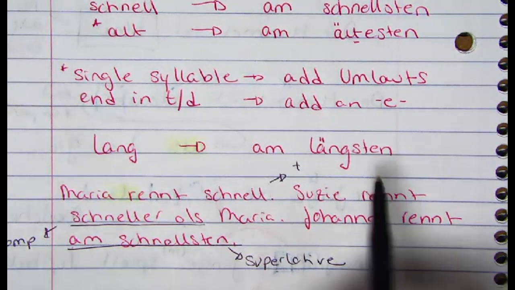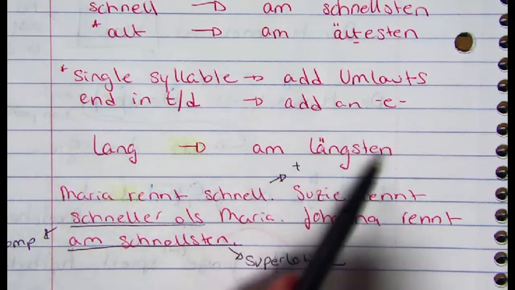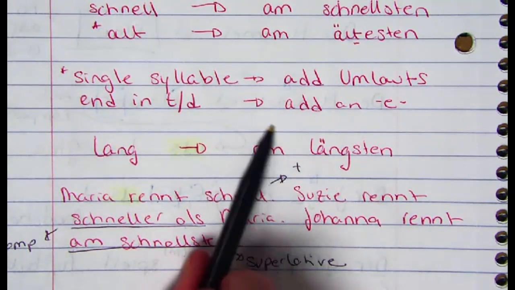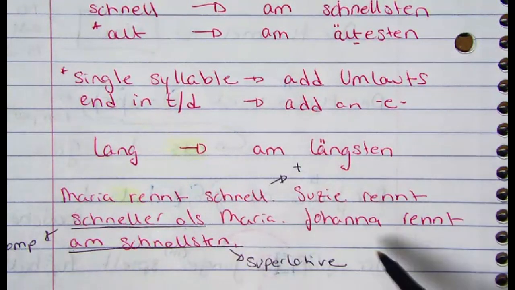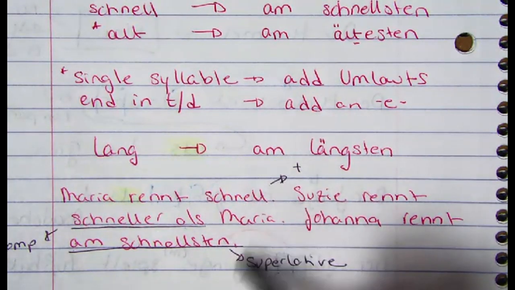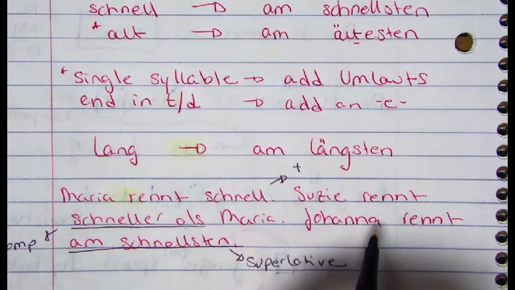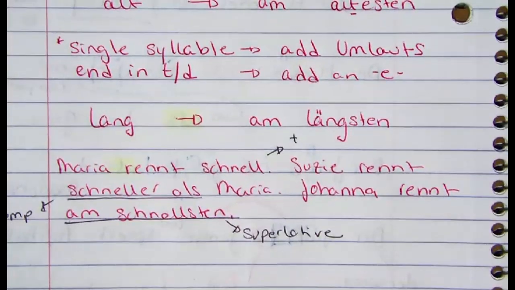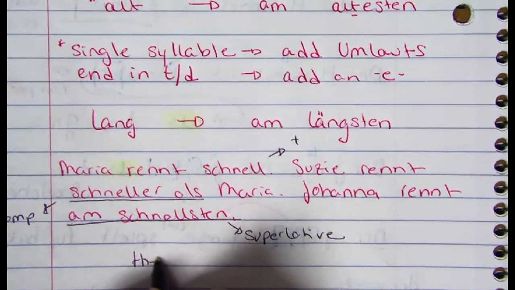And again, same rule applies, single syllable, you're adding umlauts. Sten is your ending, and you have am in front of it. Now notice in this example, it is not preceding anything. Johanna runs the fastest. So this is the English form, the something.